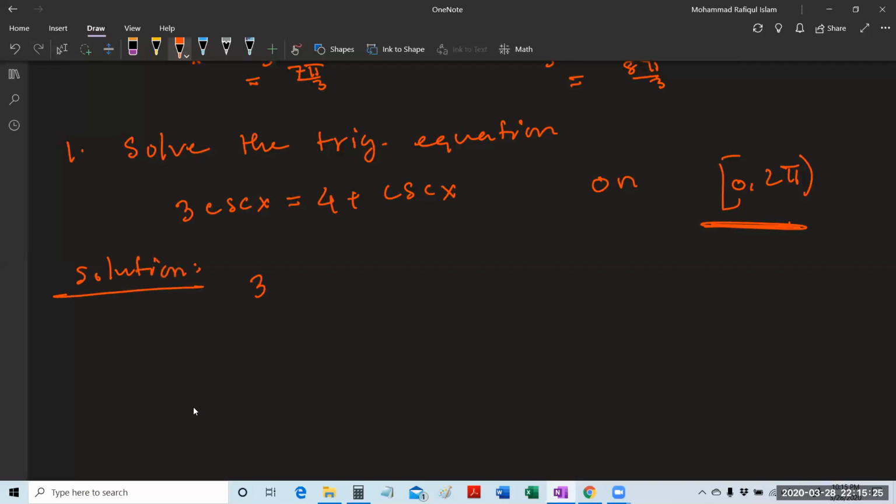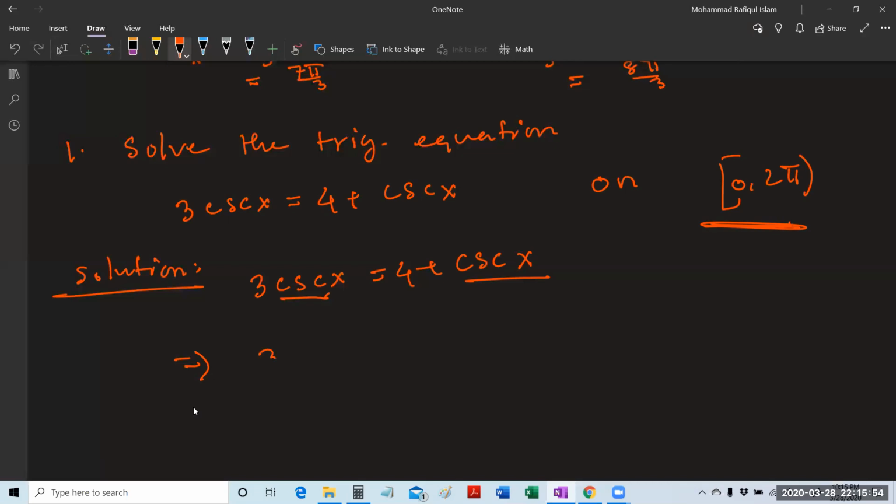So 3 cosecant x equals 4 plus cosecant x. If we consider this cosecant x just as a single variable, then we can see that 3x equals 4 plus x. That means we have the same thing on both sides. So we can subtract 1 cosecant x from both sides.